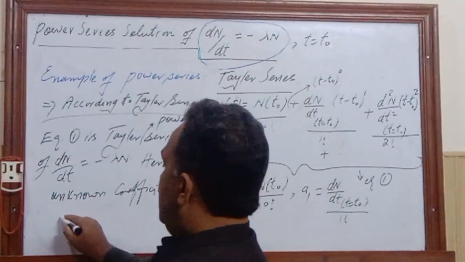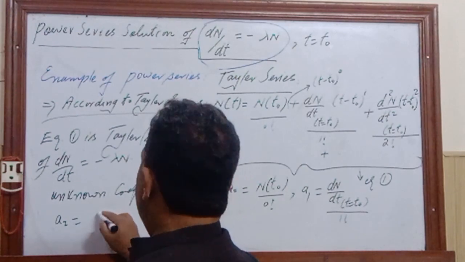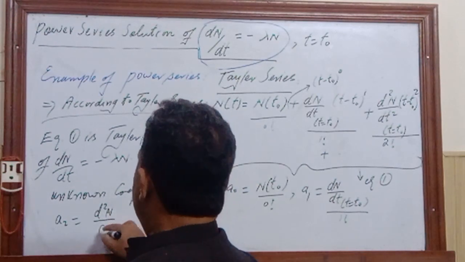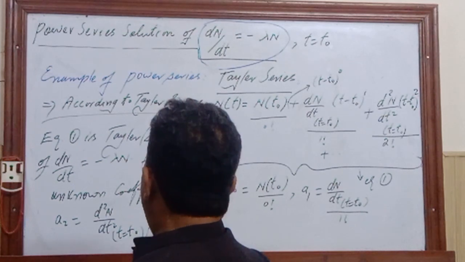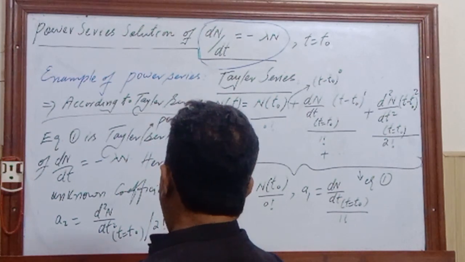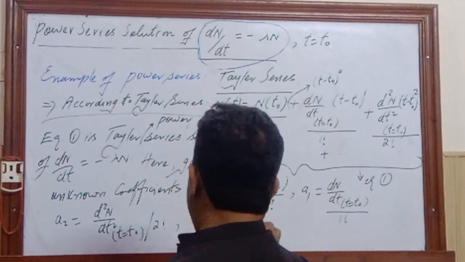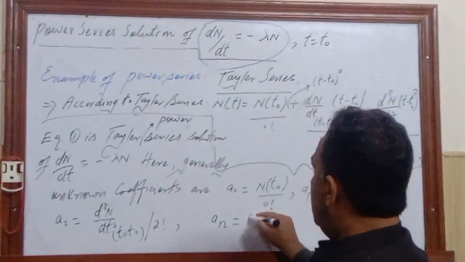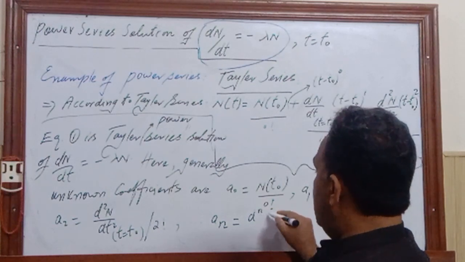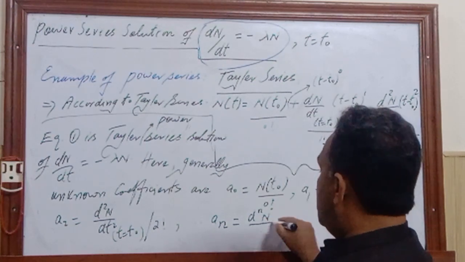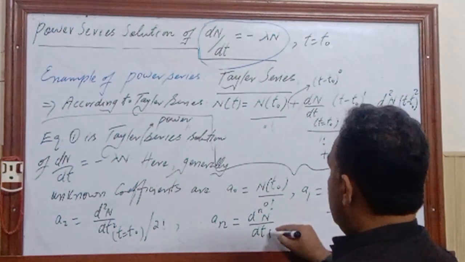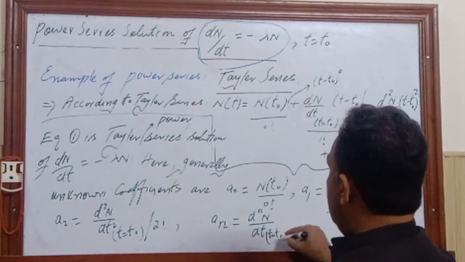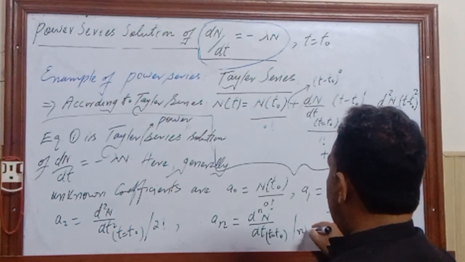And a2 is d2N over dt2 at t equal to t naught over 2 factorial, and generally speaking, an would be the nth order derivative of the number of radioactive nuclei variable at t equal to t naught over n factorial.